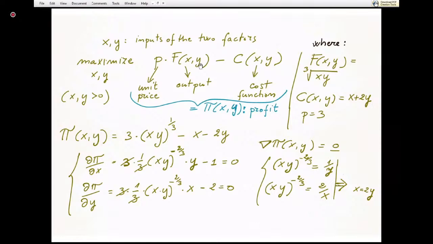So the revenue minus the cost is the profit. Very simple, basic model, two variables.